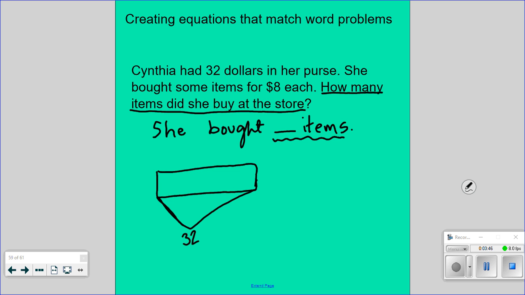No. I don't know how many sections to put, so I'm going to go one step at a time. I'm going to go ahead and put one box, and I'm going to put an 8 in it. The reason I'm putting an 8 in it is because that is going to show her first item.